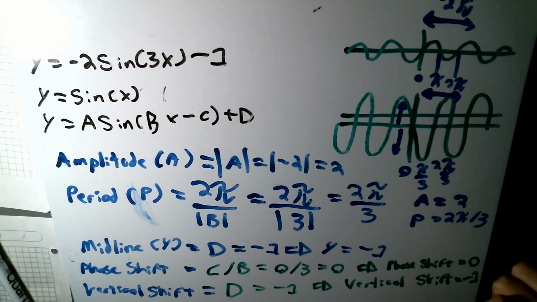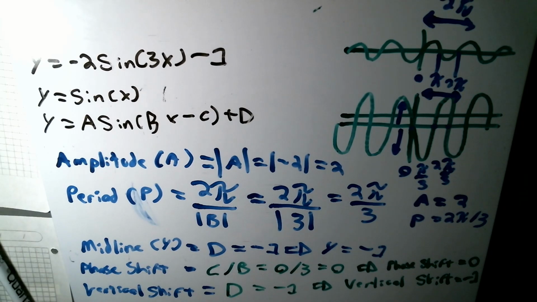Now I realize that I don't think I explained the relationship between the common sine function and the midline, the phase shift, and the vertical shift. But it is pretty easy, believe me. The normal sine function has no C nor D, so both values are 0.